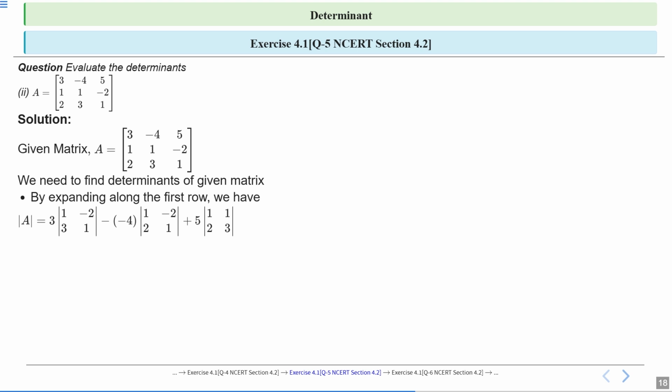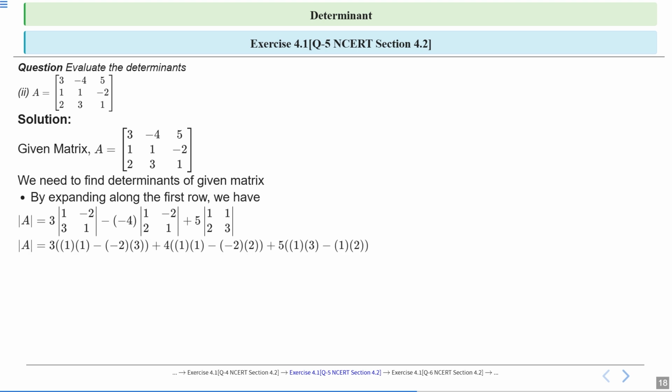Okay, and for the third element of the first row, we get plus 5. Plus, because the indices of 5 are 1, 3 and 1 plus 3 is 4, and that is even. So we get plus 5 into the determinant of 1, 1, 2, 3, and that is obtained by cancelling the third column and first row.